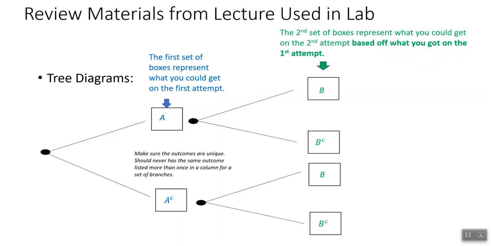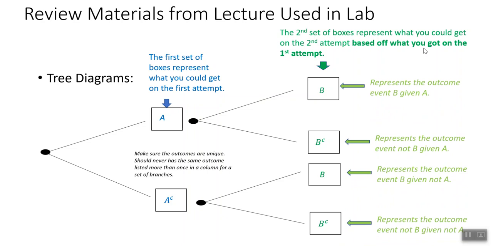The second set of boxes represent what you could get on the second attempt, based off of what you got on the first attempt. So our second outcomes could be B or not B. Our first box represents the outcome of event B given that A has already occurred. The next box represents the outcome of event not B given that A has already occurred.